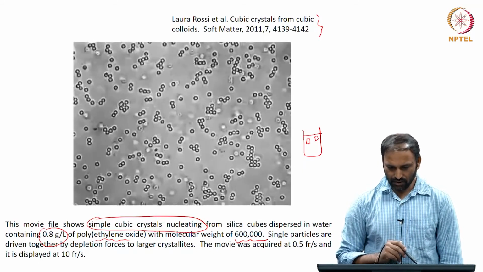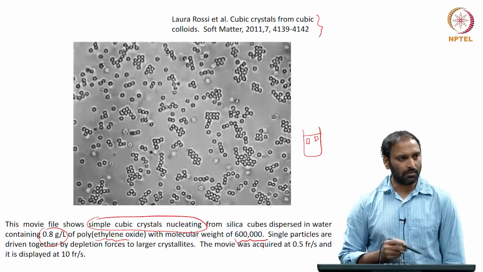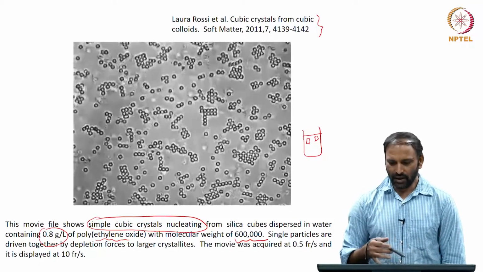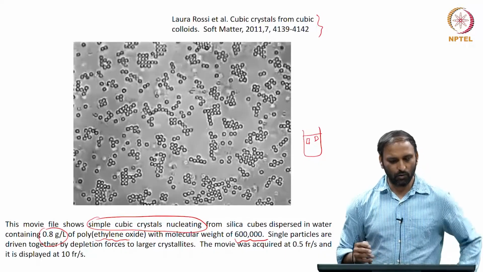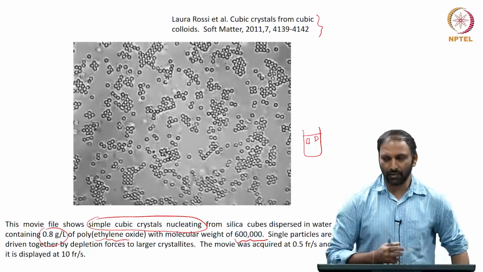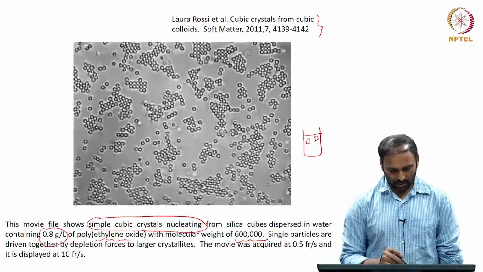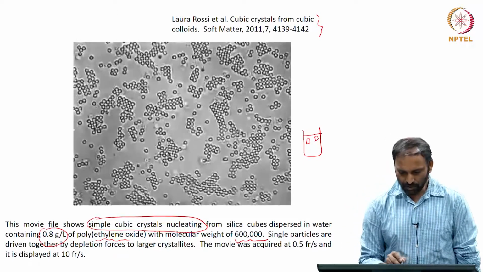So, what do you see? Definitely there were a few individual particles to begin with. As time goes, you see that more and more particles come, and this is a video microscopy image which tells you that they talk about formation of a simple cubic crystal.